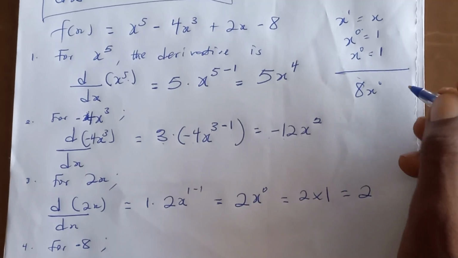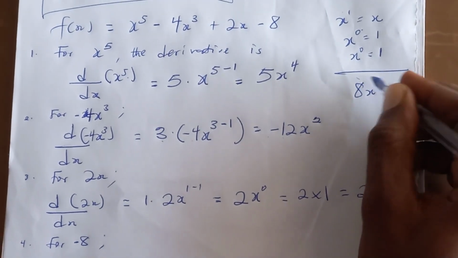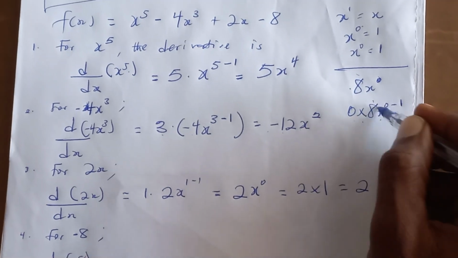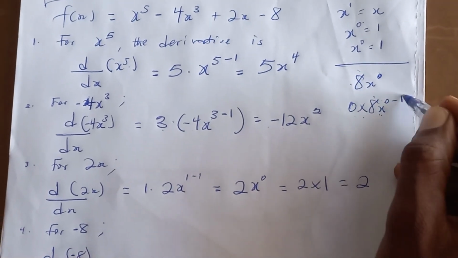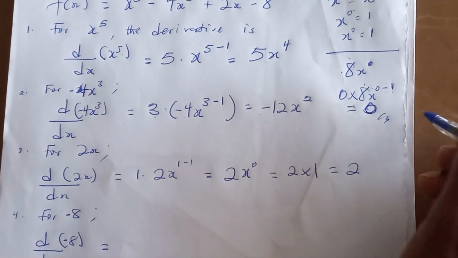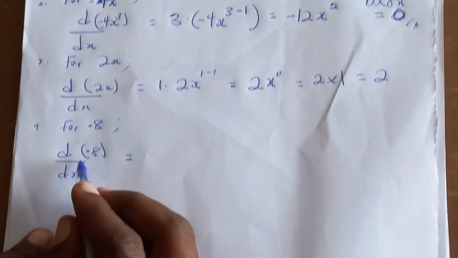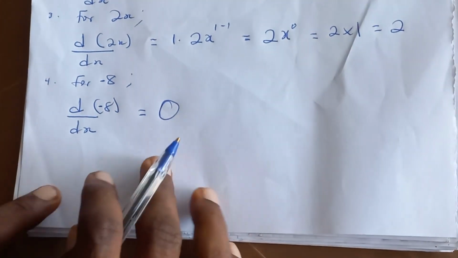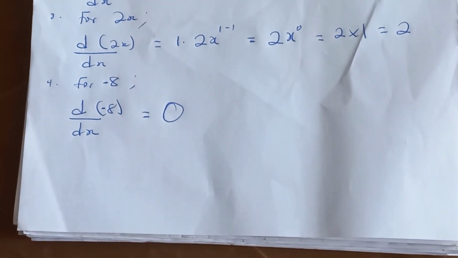So when this 0 multiplies the term, 0 times 8x power 0 minus 1 gives us 0. So everything here will be 0. So when you differentiate a constant, you get 0.